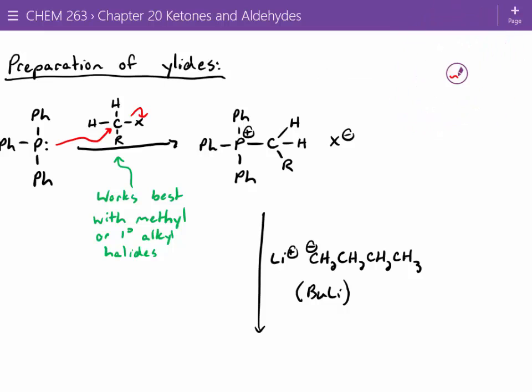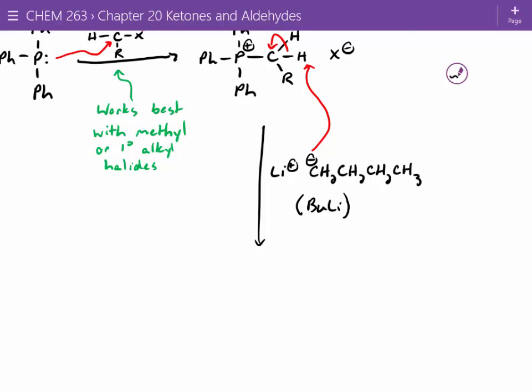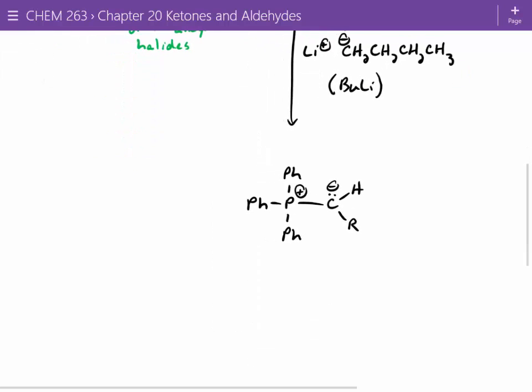And what this will do is come grab one of these protons off of the carbon end, dump down electrons onto the carbon, and we've got our hydrogen on there, and we've got an R group, lone pair with the negative charge, and a positive charge on our phosphorus. Looks pretty unstable at first sight, but why is it a surprisingly stable carbanion? Resonance, right? So we can draw both resonance forms.